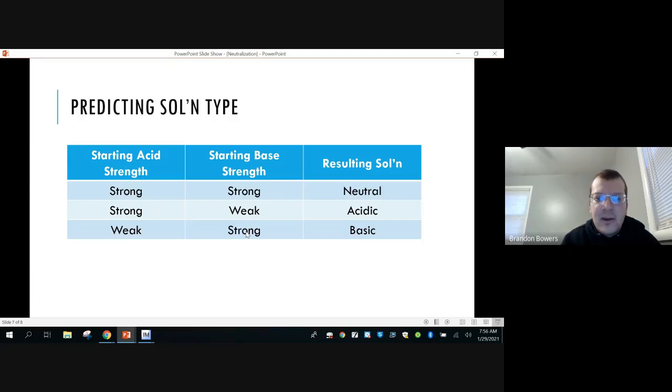But if you have a weak acid and a strong base, it's going to be basic. What if you have a weak acid and a weak base? What if they're both weak? That would also be neutral.